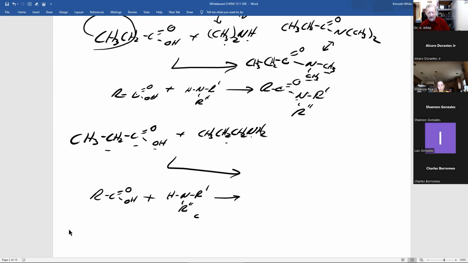And remember, R prime and R double prime, one or both or none, can be hydrogen. And what do you get?